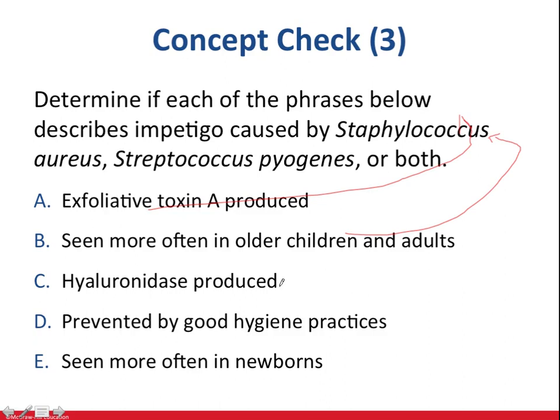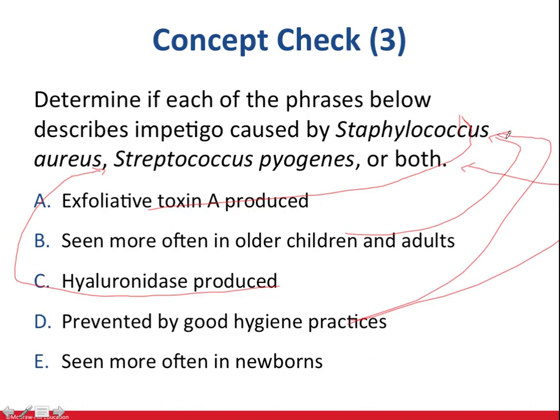Hyaluronidase production actually is for Streptococcus pyogenes, because Streptococcus pyogenes can generate tons of toxins to cause symptoms. Prevented by good hygiene, so that's for both.